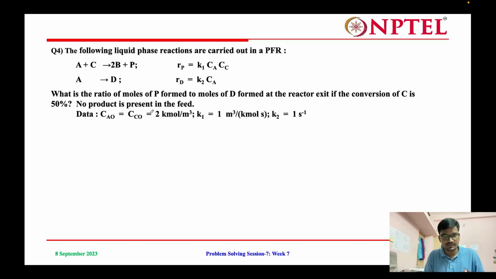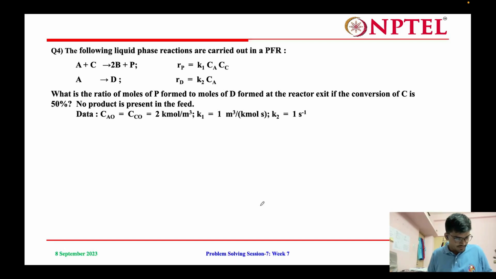No product is present in the feed. So we have to calculate the ratio of moles P formed to moles D formed. Data given: initial concentration 2 kilomole per meter cube, K1 is 1 meter cube per kilomole per second, and K2 is 1 per second.